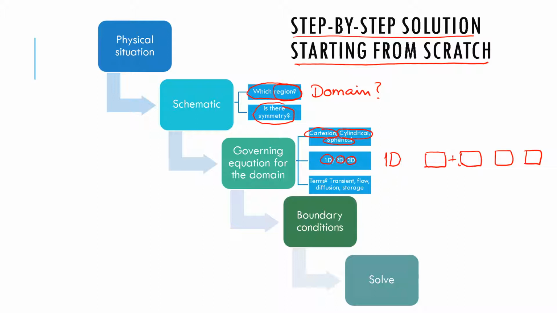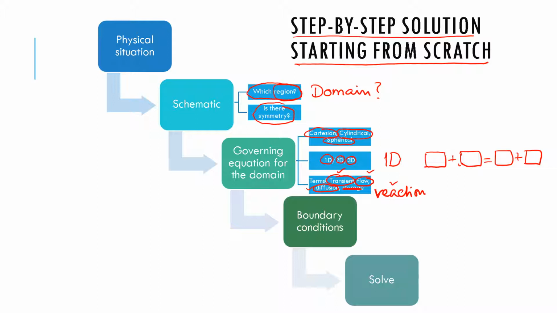So what are those four terms? A transient term, then the term due to flow, if there's a velocity, then diffusion, and this is not storage, but reaction. So those are the four terms: 1, 2, 3, 4.